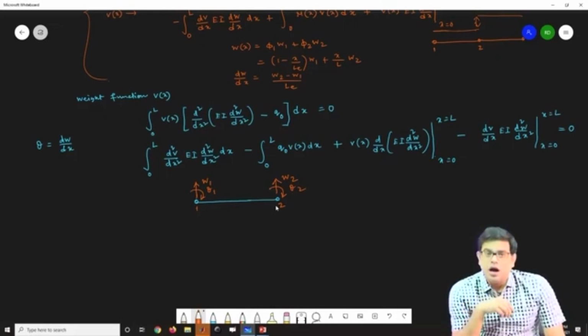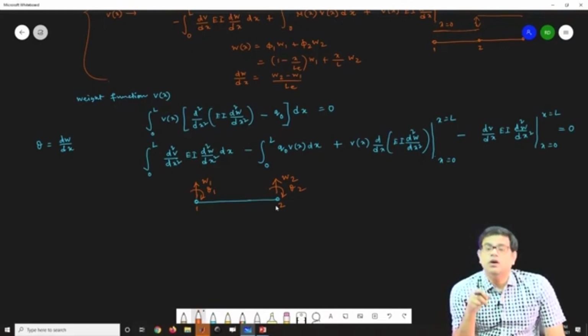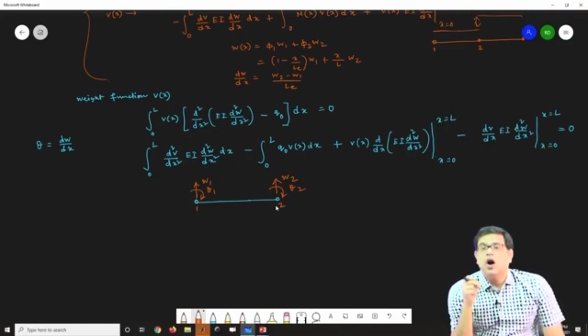So I need an interpolation function which can approximately interpolate these variables, or these values, at the nodes. That is one of the primary requirements, because it is not only the W, or the displacement, that has to be interpolated at the node, but the theta, or the slope, has to be interpolated at the node.